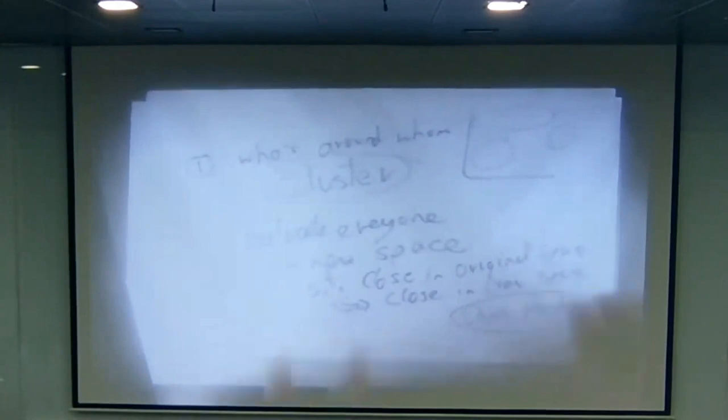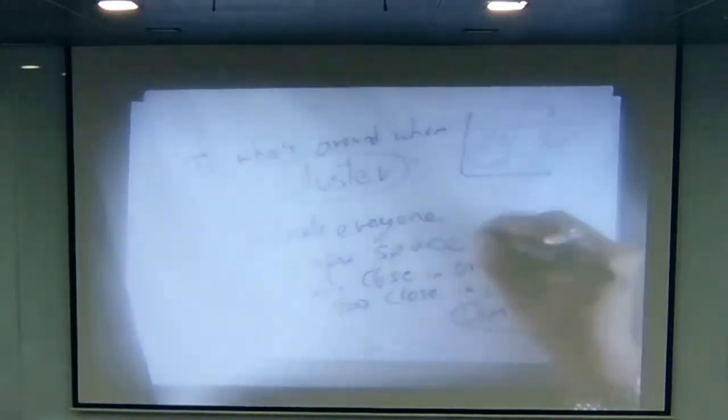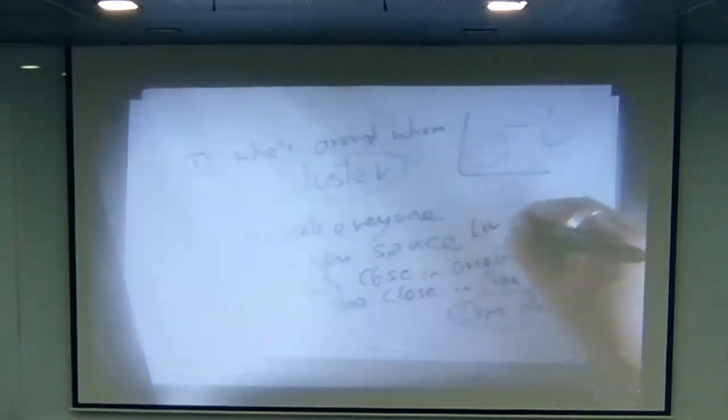Okay, so this is dimensionality reduction in new space of lower dimension. So those are the two things you do.